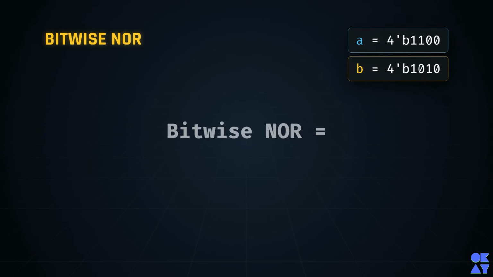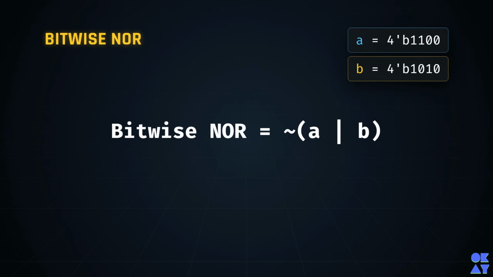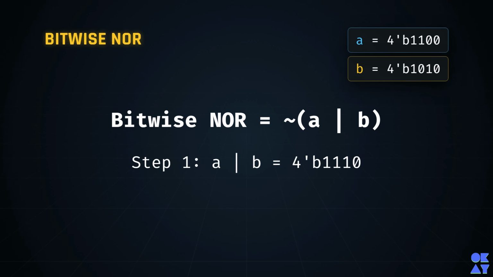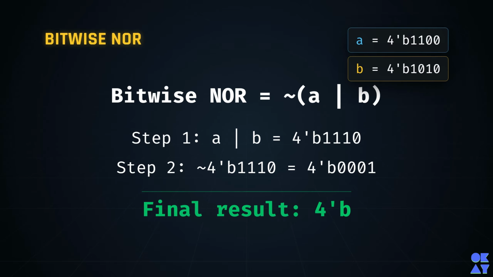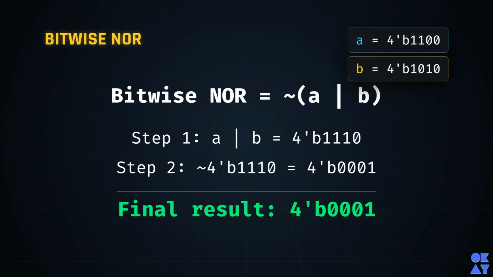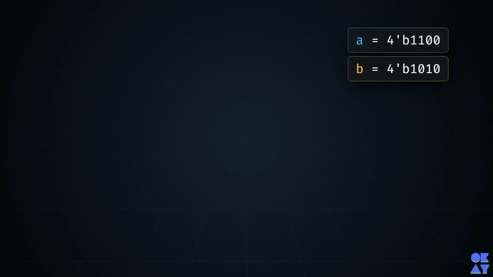Bitwise NOR. Again, don't confuse with tilde or. Bitwise NOR means not of A or B. Step 1. A or B equals 4-bit 1110. Step 2, not of 4-bit 1110 is 4-bit 0001. Final result, 4-bit 0001.